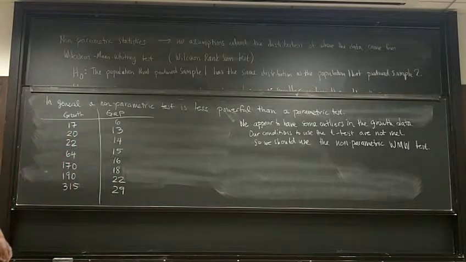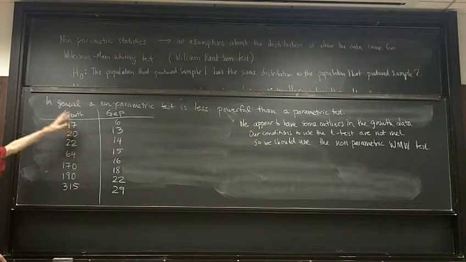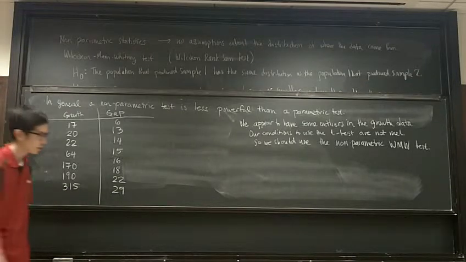Okay, so this is how we go about doing this. First you have to arrange all of your numbers in order from smallest to largest in the two columns.